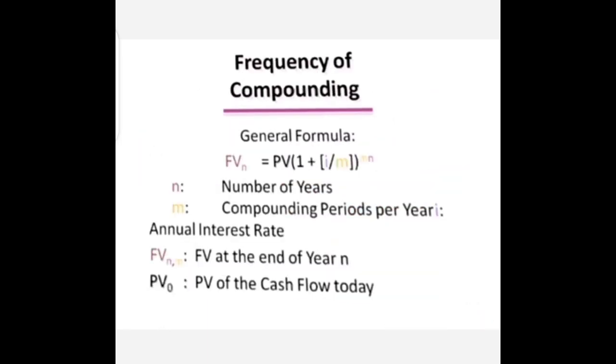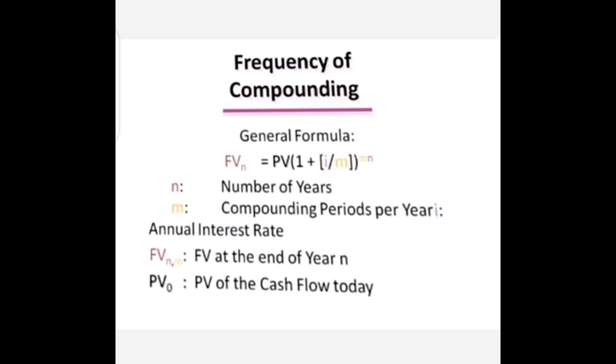So what is the frequency of compounding? If we are compounding semi-annually or quarterly, we have to change the frequency. We can also compound daily, as there are 365 days in a year, and there are quarters in a year. So how do we use the frequency?